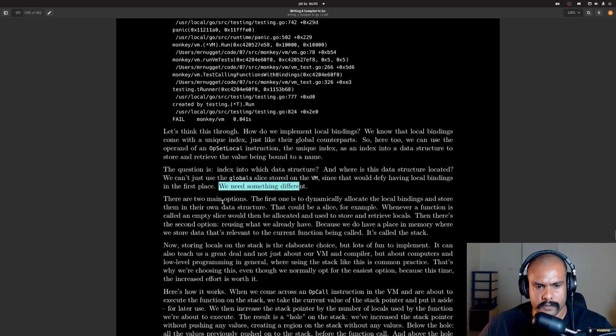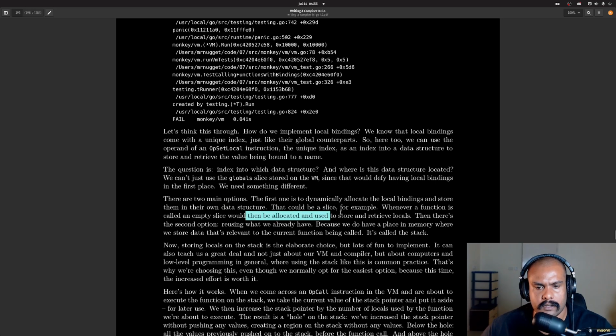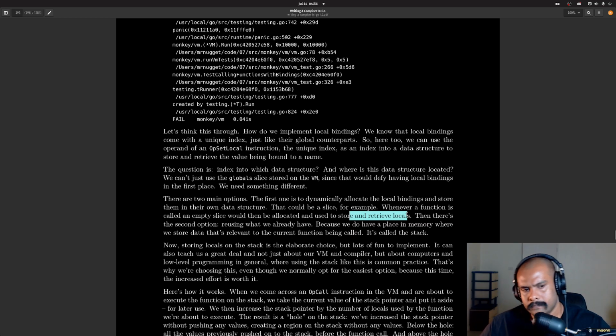There are two main options. The first one is to dynamically allocate local bindings and store them in their own data structure. That could be a slice, for example. Whenever a function is called, an empty slice would then be allocated and used to store and retrieve locals.